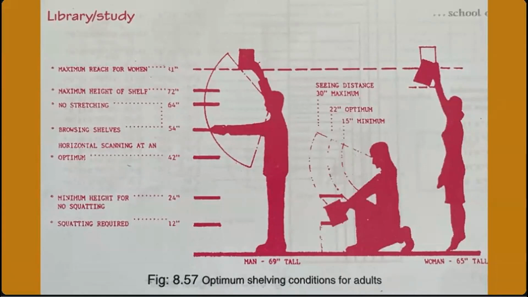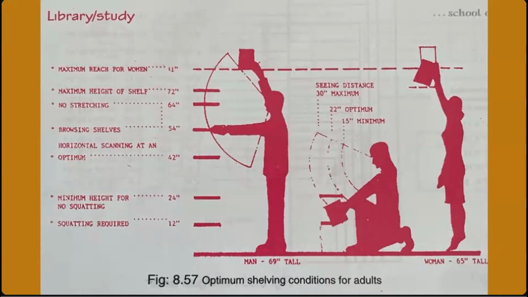Without stretching, it would be 64 inches. If you want to put something, some people don't want to stretch, so 64 inches. And for browsing shelves, 54 inches and 42 inches. And the minimum height is 24 and 12 inches.